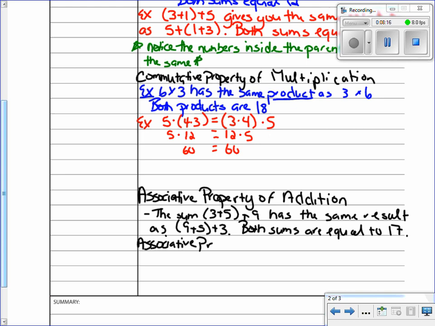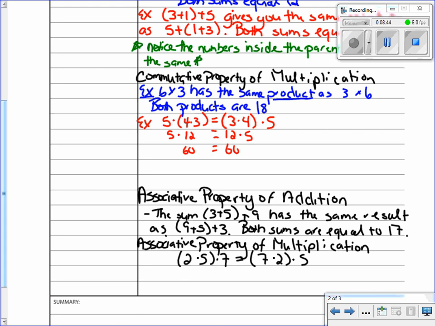So the associative property of multiplication. And an example of that would be the quantity of 2 times 5 times 7 equals the quantity of 7 times 2 times 5.